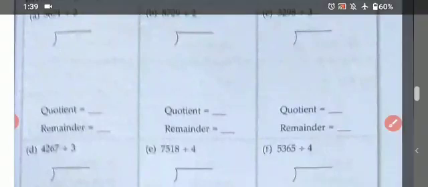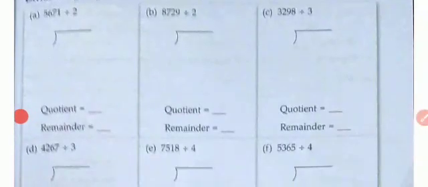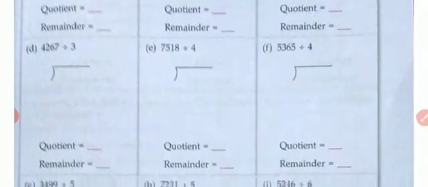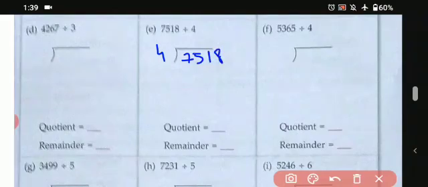Okay, students. So now we'll go for another one, that is 7518 divided by 4. So we have to write it down like this: 4, 7 5 1 8. Okay, students. So we'll be doing it. 4 ones are 4. That is 7 minus 4, that comes 3.